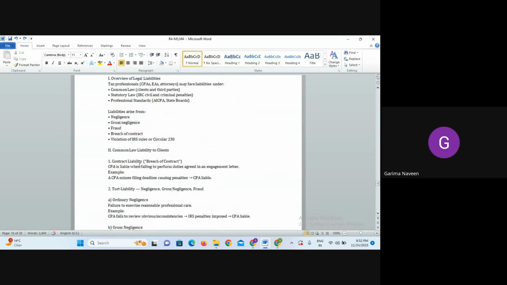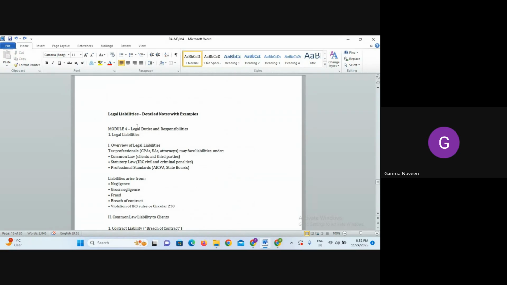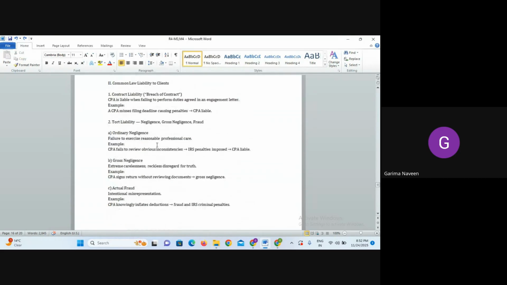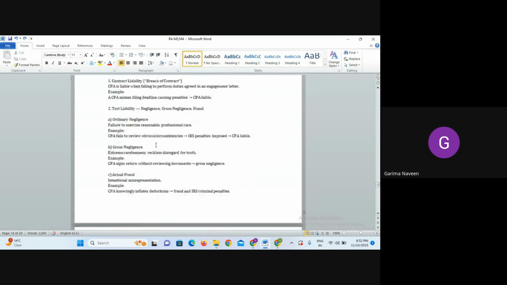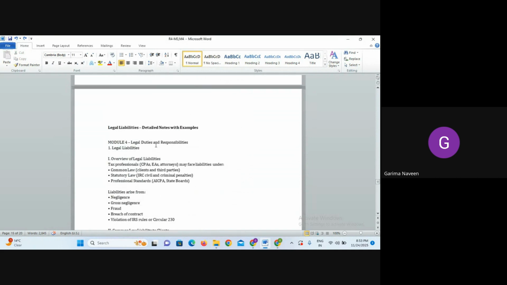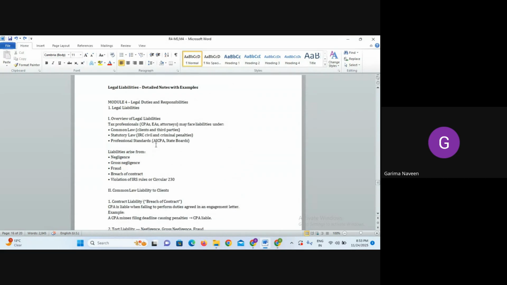So this next topic I will start from tomorrow because it is a big topic. Here we will discuss various legal liabilities, like breach of contract, negligence, gross negligence, fraud.